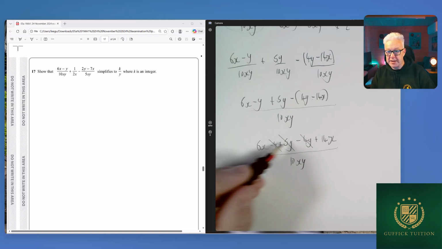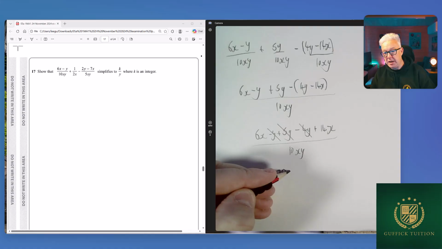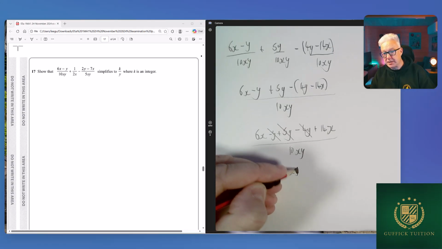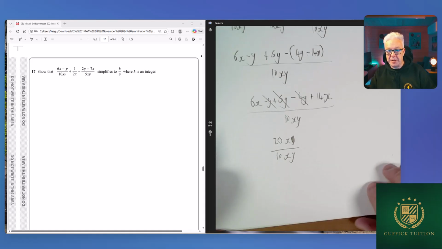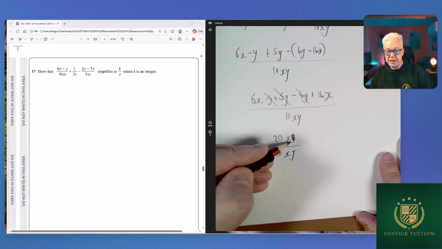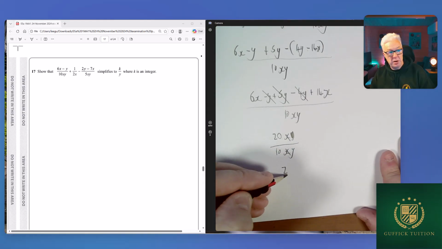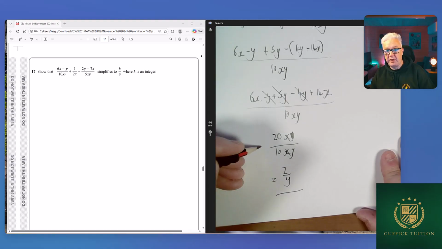And 6x add 14x is 20x. So that is 20x, sorry, over 10xy. Okay, so that's good. So now we can cancel this x out, and 20 divided by 10 goes in 2. So this is 2 over y is our final answer.